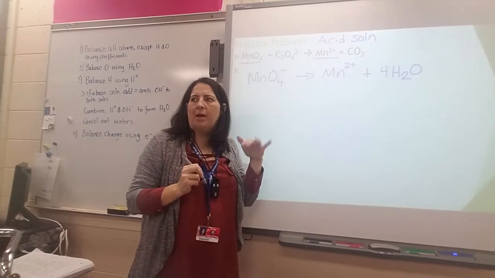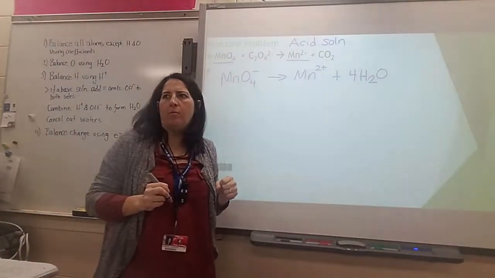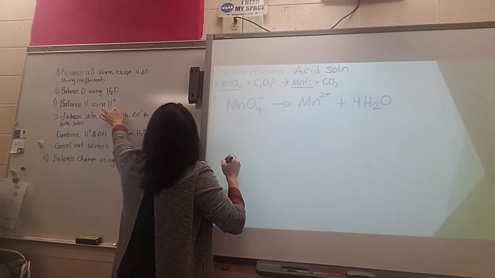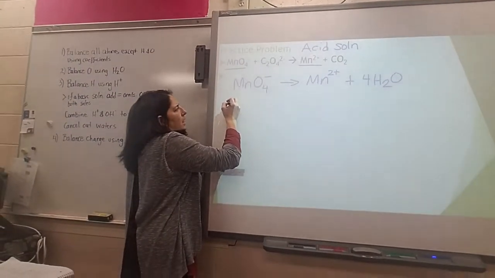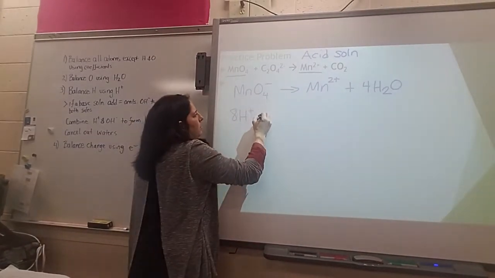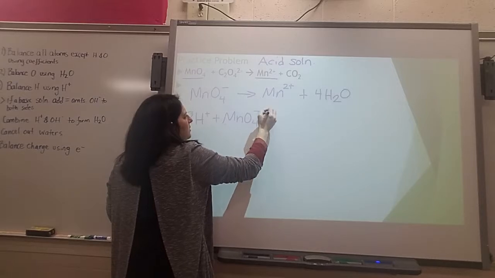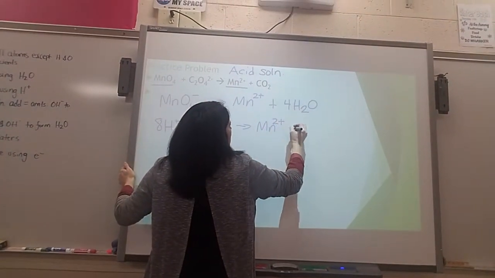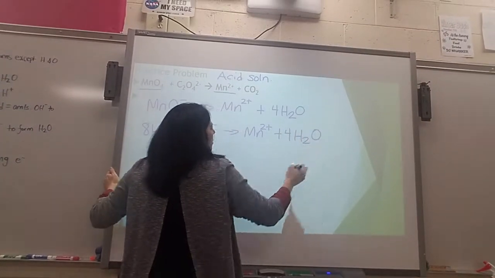Now I'm going to attack my hydrogens. Over here, how many hydrogens do I have? 8. So over here, I'm going to add H pluses to get to 8 hydrogens. So 8 H plus, MnO4 minus yields Mn2 plus, 4H2O.